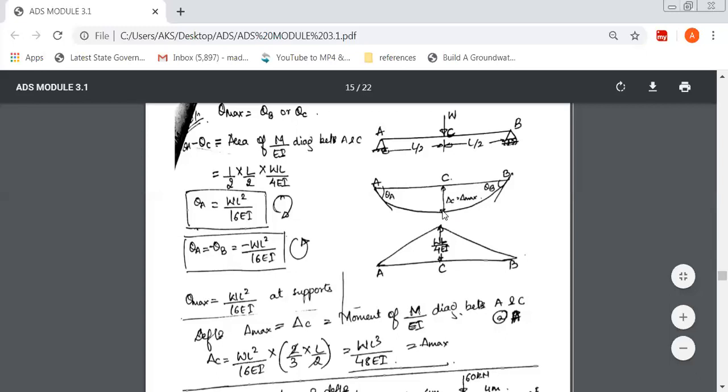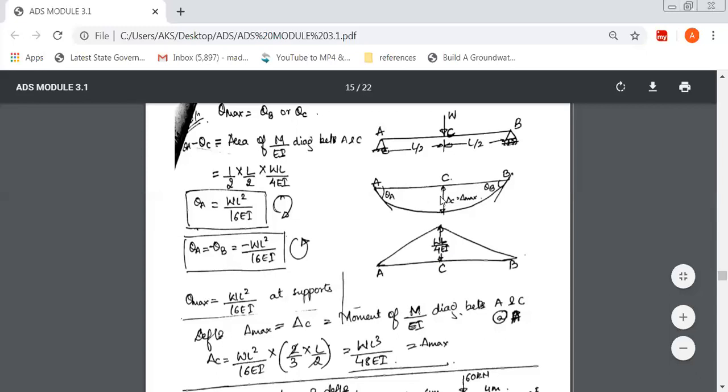Now this becomes our reference point, which we will be measuring theta A with respect to. Likewise, theta C, the reference point, minus theta B will give us theta A and theta B respectively. First, theta A minus theta C. Theta C is 0. So theta A minus theta C is equal to, we'll be taking only the left half portion.